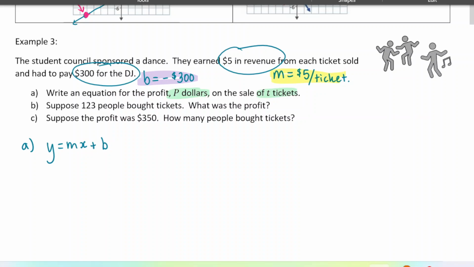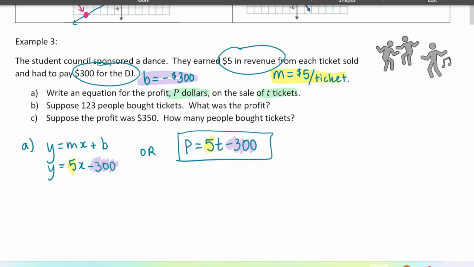So I would just write Y equals 5X minus 300, right? But here they say in the question, like oftentimes in a word problem, we're using different letters that better represent the scenario. So here we're going to use different letters. So we'll have P equals 5T minus 300. So it's the exact same equation, we're just using different letters rather than X and Y for our variables.